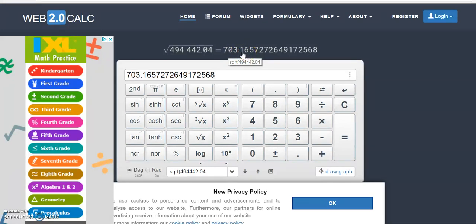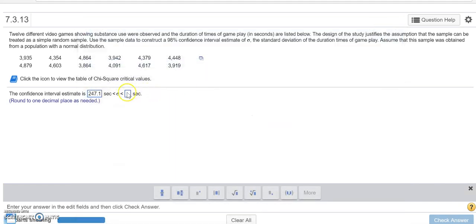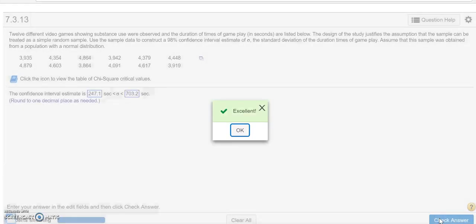So that means that would round this up to a 2. 703.2. Let's put that right here, 703.2. So this should be the 98% confidence interval for the estimate of sigma, the population standard deviation. Let's check it. There we go.